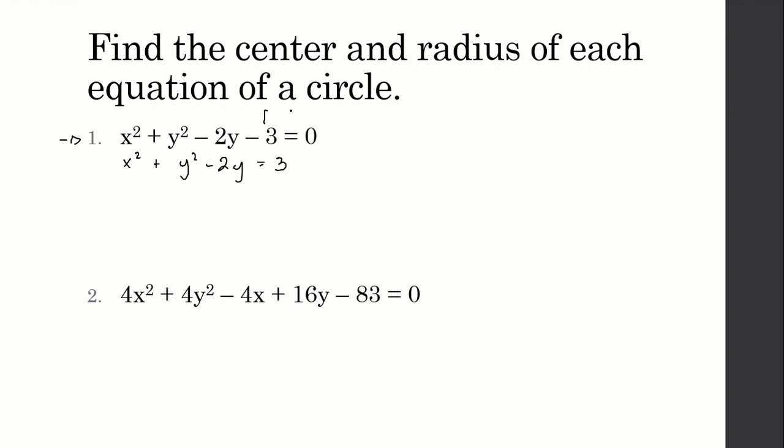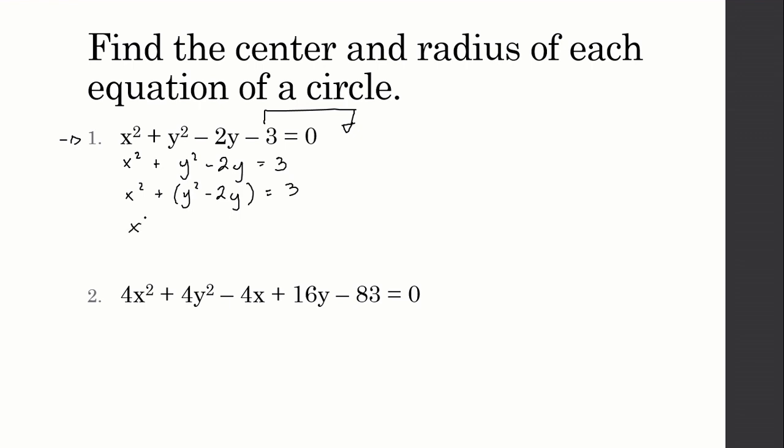As you can see, I transpose negative 3 to the other side. Or, in mathematical concept, we use addition property of equality. Now, group each term by their variables. X squared plus y squared, then enclose it by a parenthesis, minus 2y equals 3.